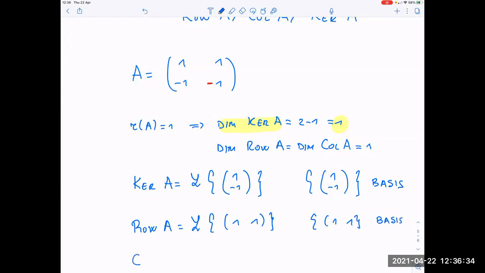And finally, the column space of A, again, has dimension 1, so just any non-zero column will work, and this is a basis. So basically, having dimension 1 means you just need to produce a non-zero element inside, and that will work as a basis. Okay, good.